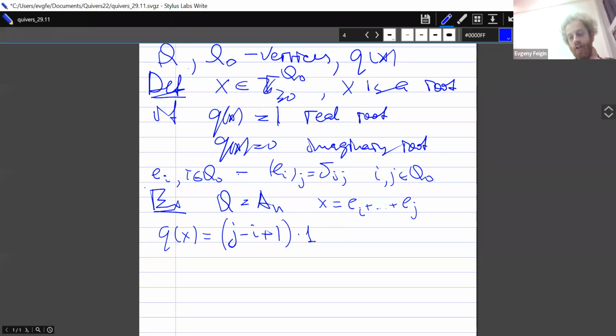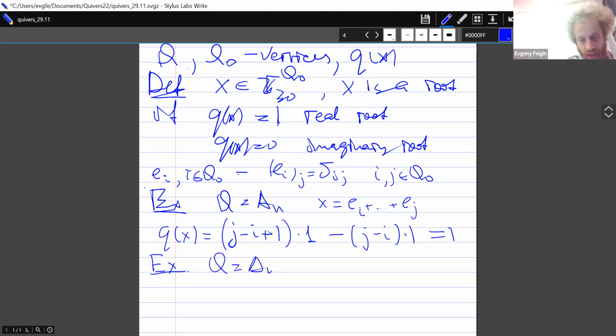So this is the number of non-zero entries we have. And then we subtract (j minus i) times 1. This is the number of edges we have in this one. So this is exactly 1.